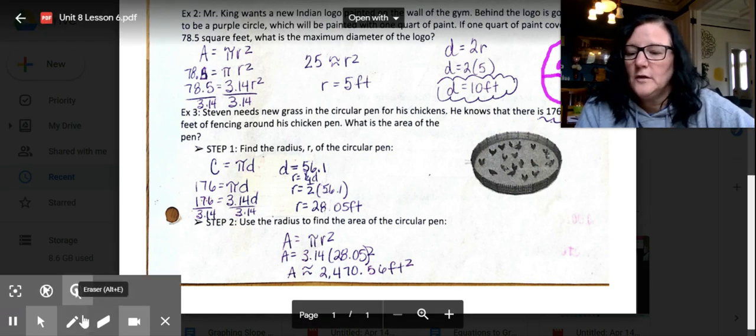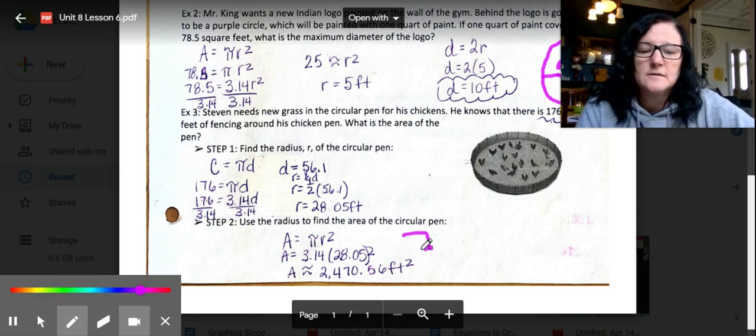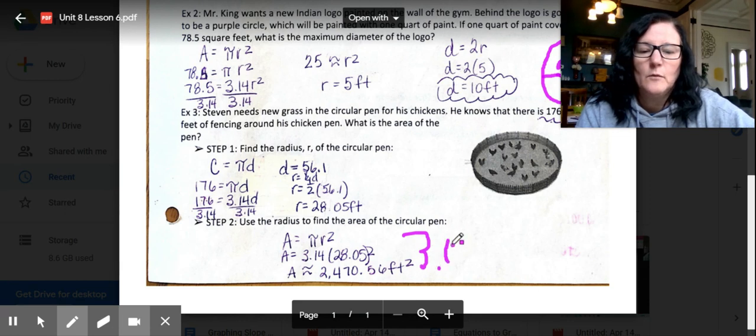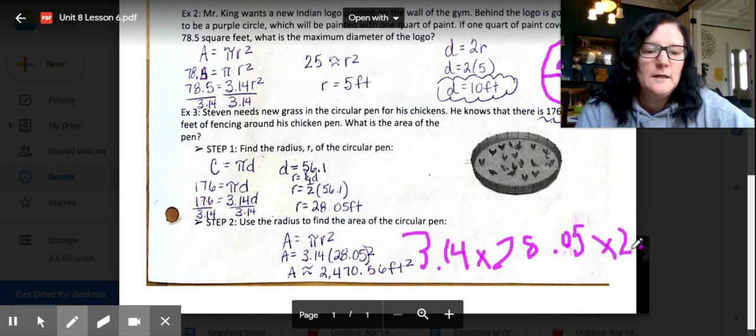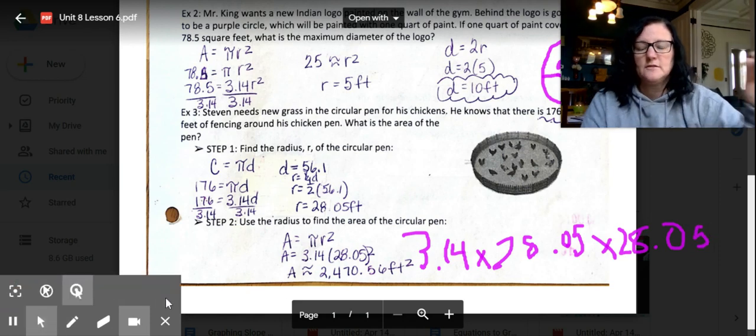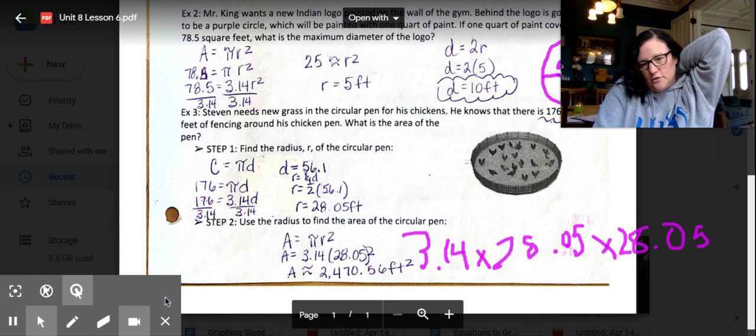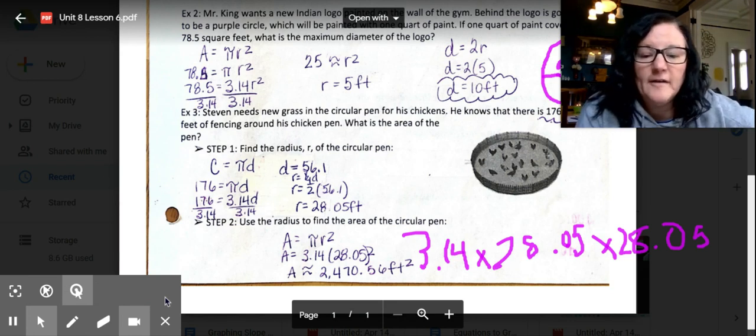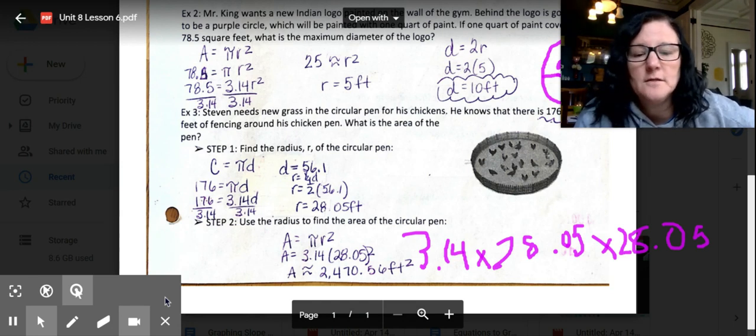So what you're going to put in your calculator is 3.14 times 28.05, I know this is getting messy, times 28.05. And when you calculate it, your answer is going to be 2,470.56 feet squared.